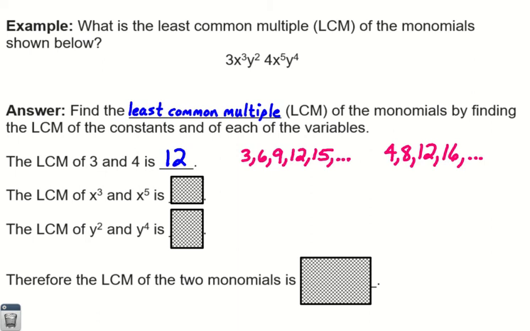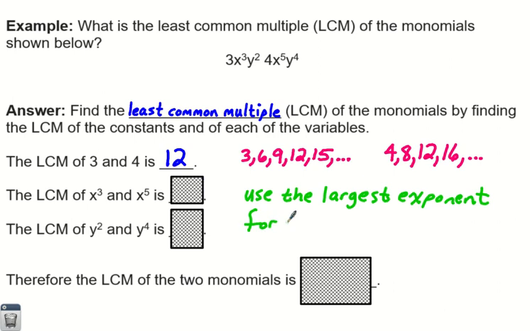Maybe your instincts are saying that we use the largest exponent for each variable. So that's the shortcut for LCM. We're going to use the largest exponent.